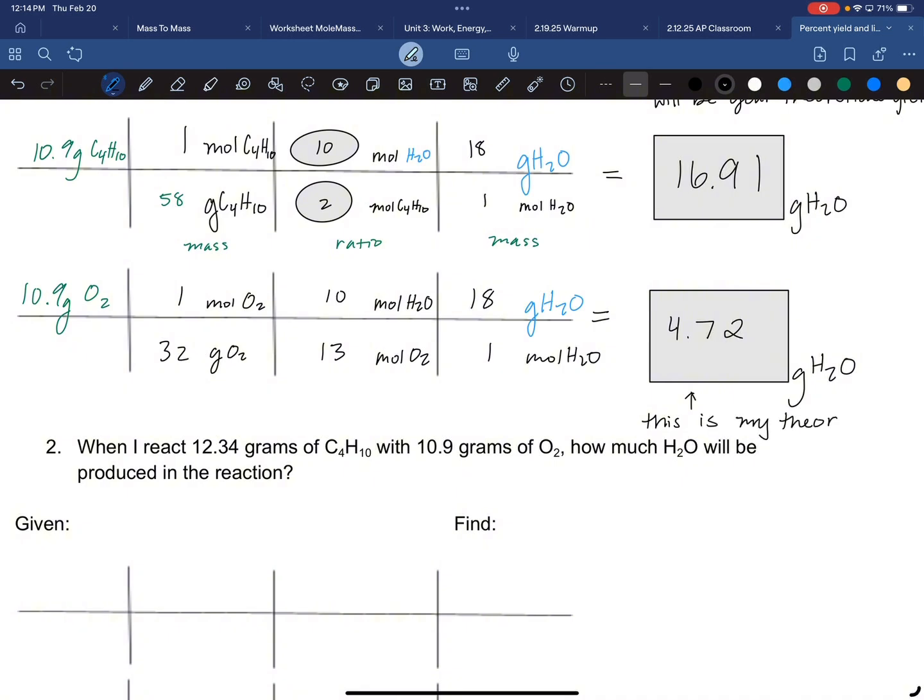That's the first point that can be made upon completion of this, because it is the smallest number. You will never get more than this theoretically.